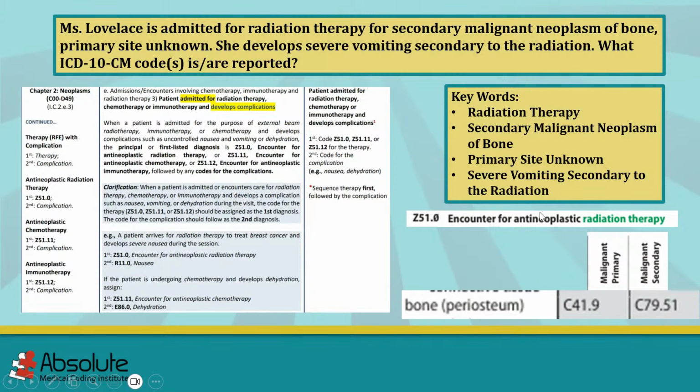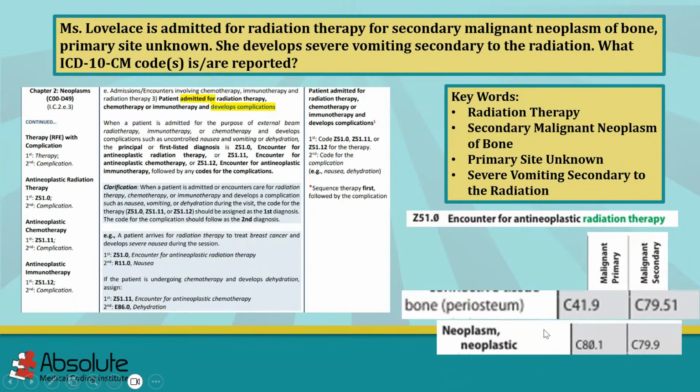And then since they're getting the malignant neoplasm of the bone, this is how it looks again in the neoplasm chart for the bone. There are these two codes, and this is going to be their secondary. So this is why we're selecting code C79.51. And then right here it says that their primary site is unknown.